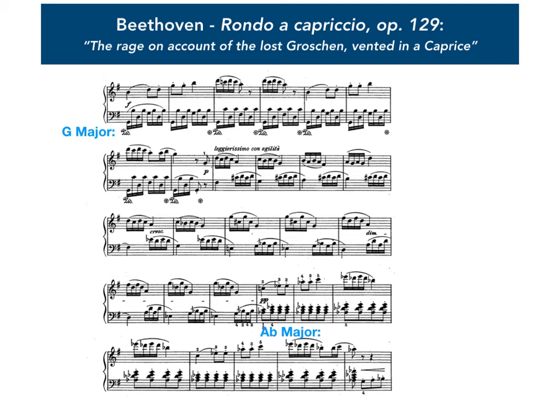So I'm going to play this slowly. It's usually played at a very brisk tempo. I'm going to play it slowly, and I'm going to play a simplified version of the left hand. But you'll get the idea.